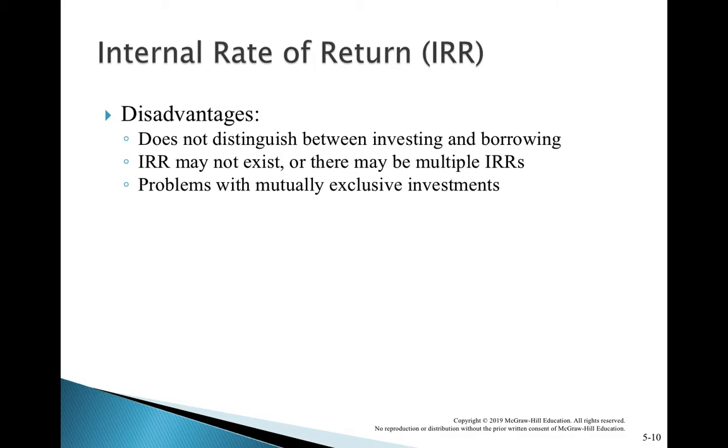If five investments A, B, C, D, E are mutually exclusive to each other, if A is accepted, automatically B, C, D, E are rejected. If E is accepted, A, B, C, D are rejected. In that case, IRR might not work because the IRR of two or three projects might be greater than the cost of capital. Still, because they are mutually exclusive, you take only one, so the others get rejected.